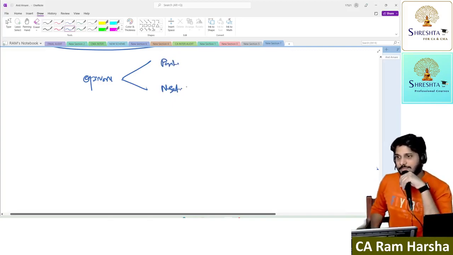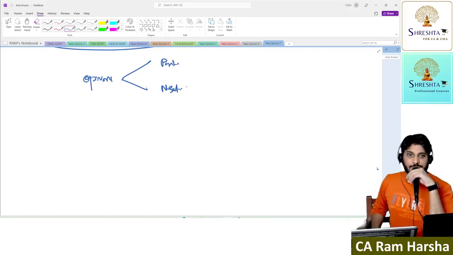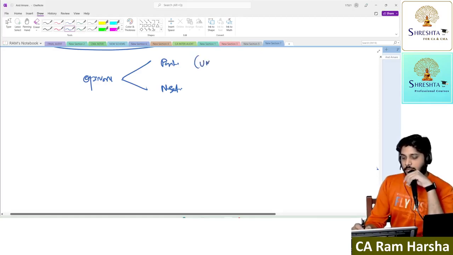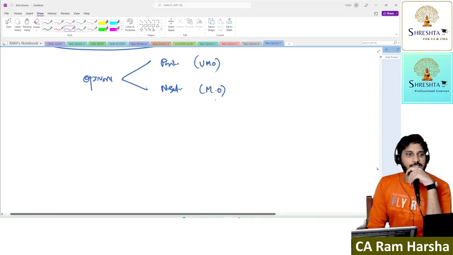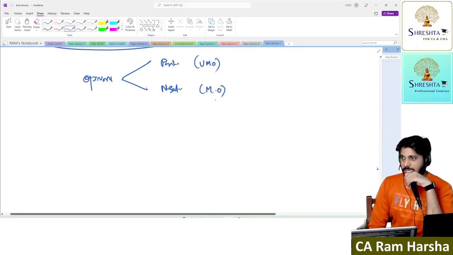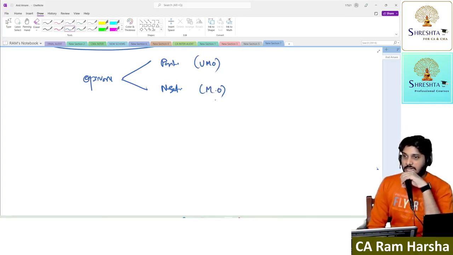Now, in auditing, we are not using these words. We are using the words unmodified opinion and modified opinion, instead of positive and negative. Getting it? Unmodified and modified, this is the terminology that we use.